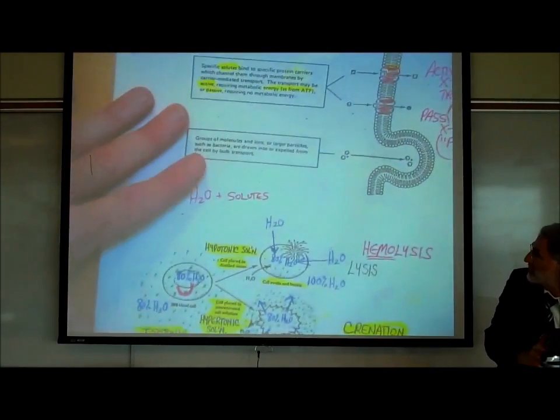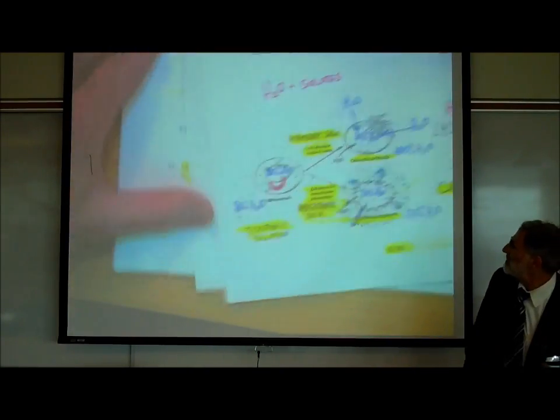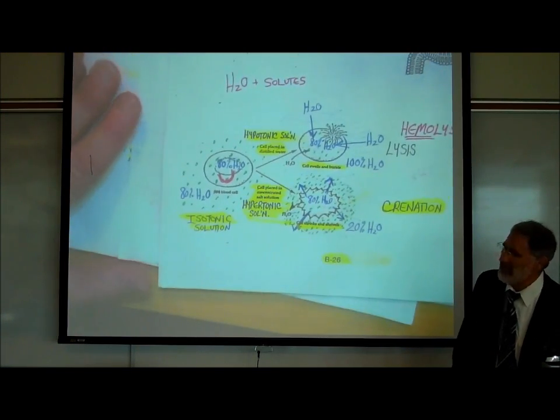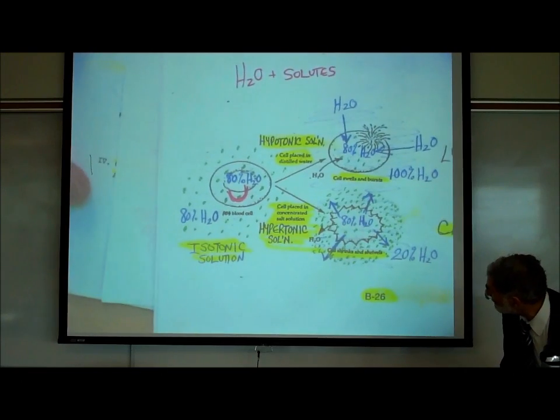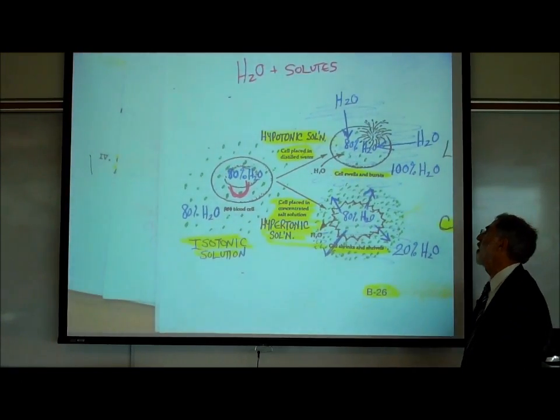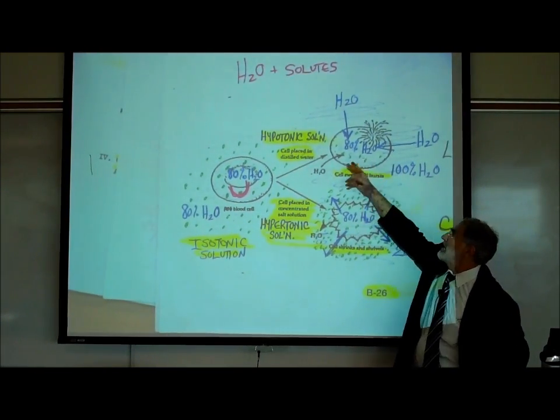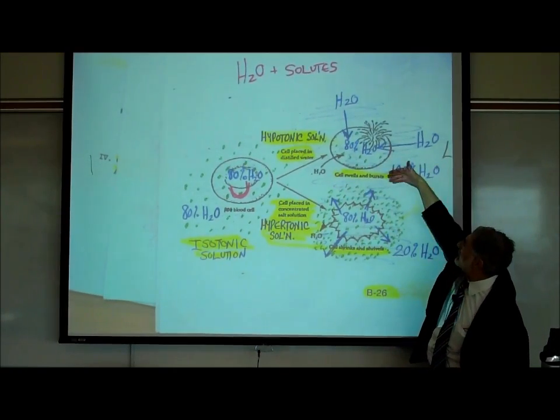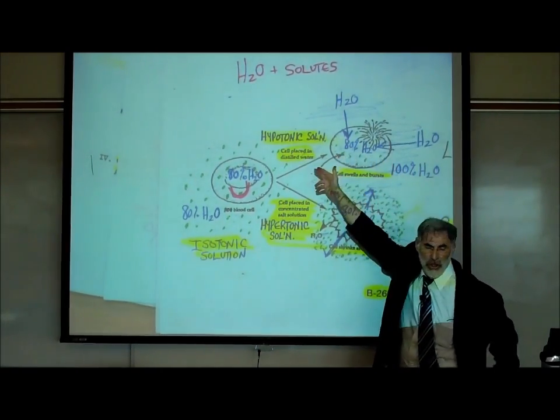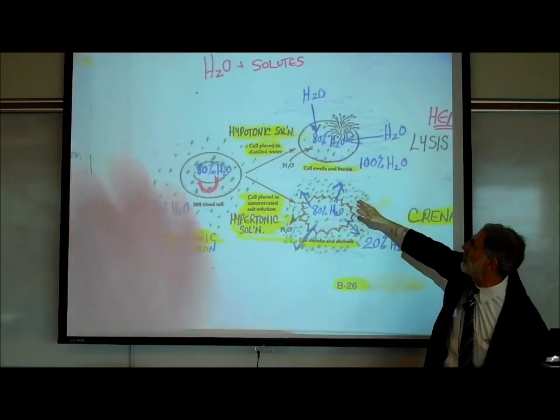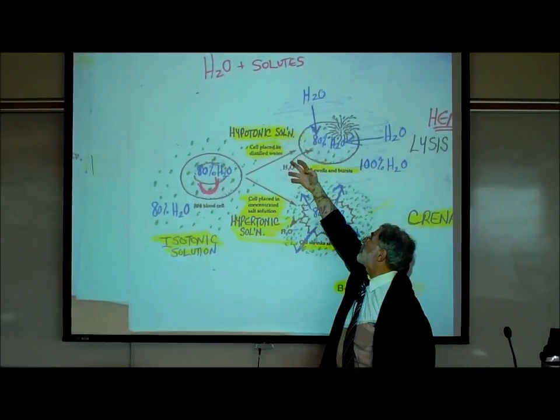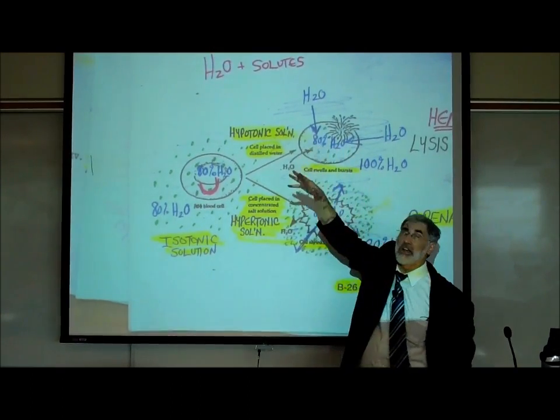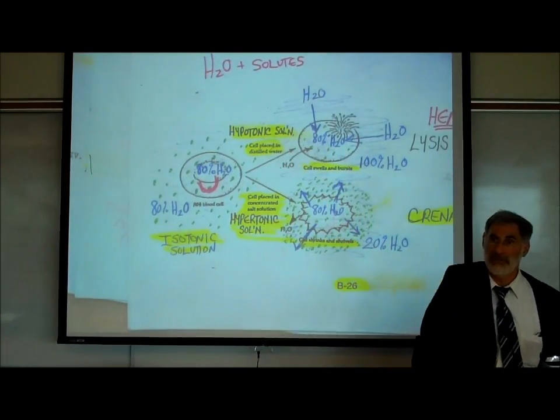Let's go back to our picture on the previous page. Technically, water is simply flowing from an area of higher concentration of water to an area of lower concentration of water. Here, water is flowing from 100% water flowing into the cell where it's 80% water. But, in a sense, you can think of the water being drawn into the cell where there's a higher amount of salt or solute.